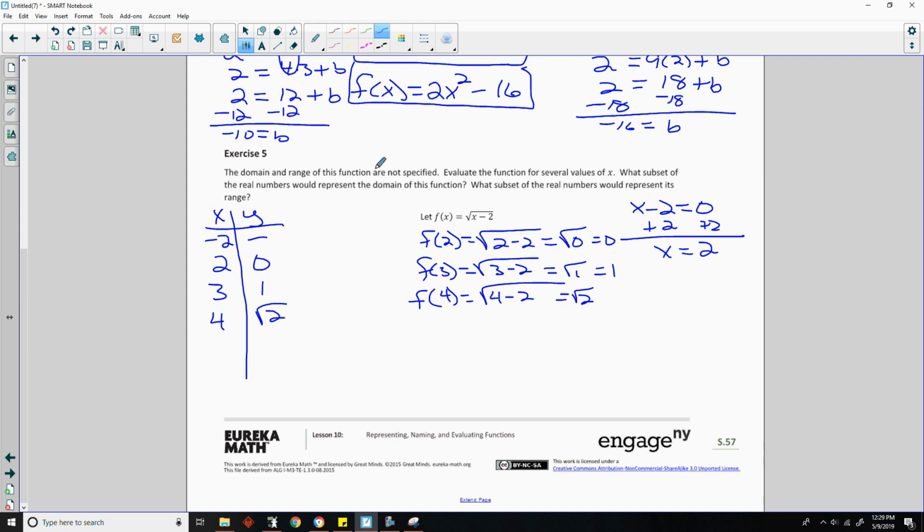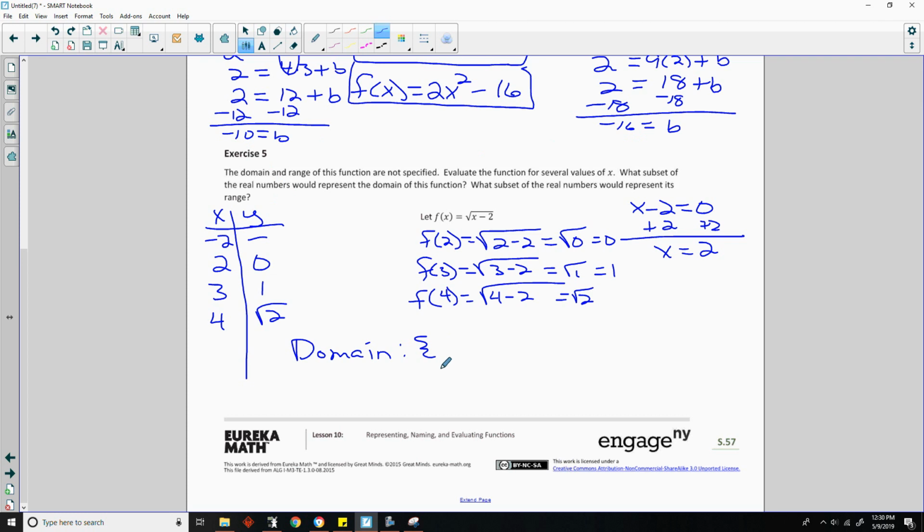So the domain and range of this function are not specified. Evaluate the function for several values of x. What subset of the real numbers would represent the domain of this function? Okay, so the domain, what can we conclude from that? Our domain can be the set, okay, what subset of the real numbers?